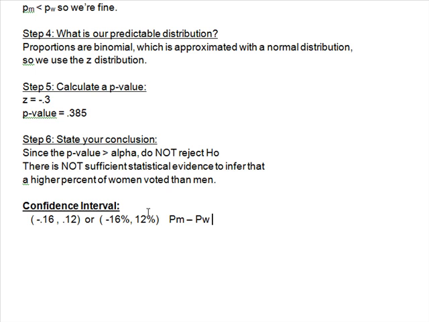So 0 could be it, meaning that they could be equal. So sometimes p of men minus p of women would be negative. That would be proportion of women is higher. But we're 95% confident that the true difference of the two is somewhere between minus 16% and positive 12%, which could be zero, which could mean that they're equal. Okay, hope that's helpful.